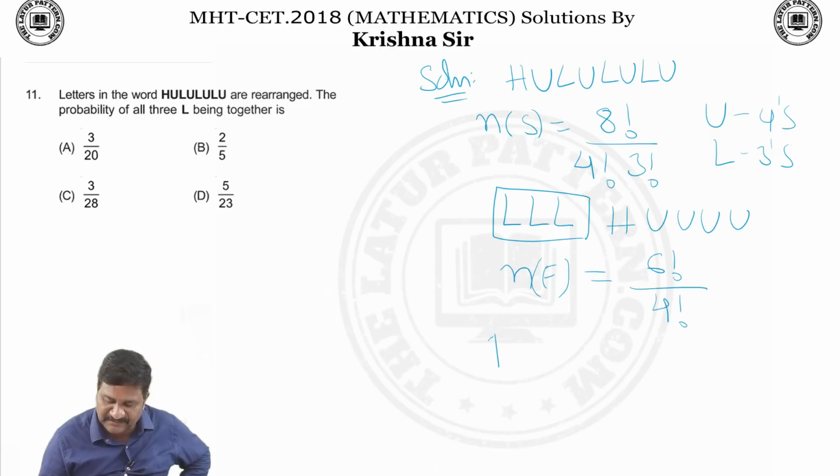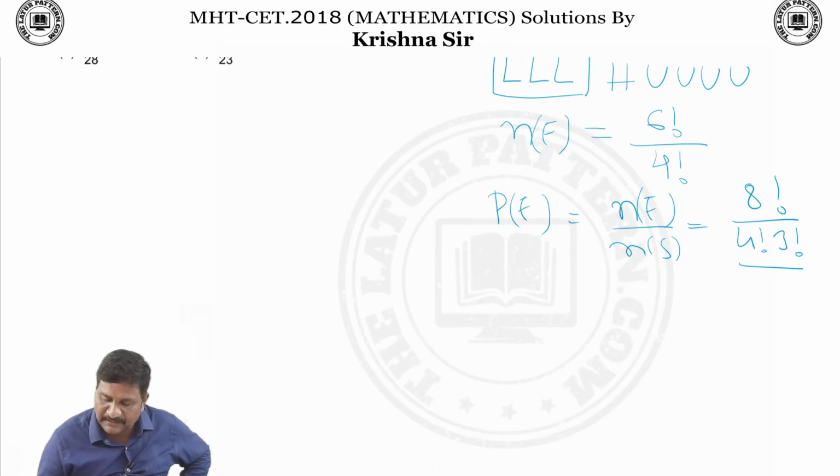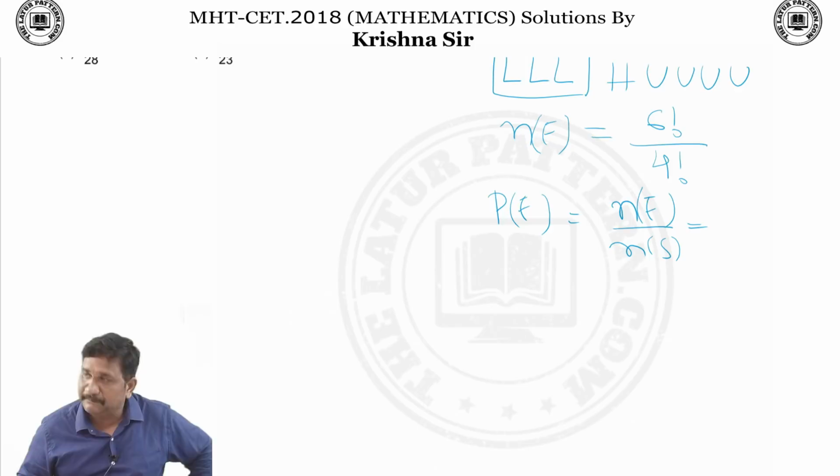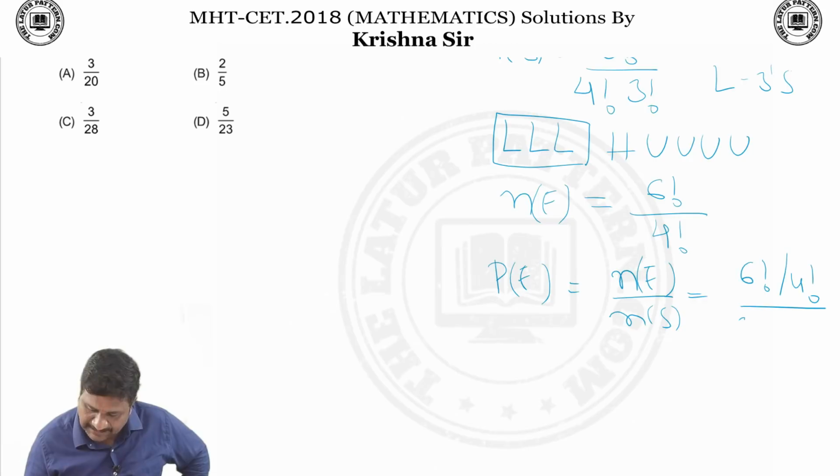So the probability of this event is n(E) upon n(S). n(E) is 6 factorial by 4 factorial, and n(S) is 8 factorial by 4 factorial into 3 factorial.